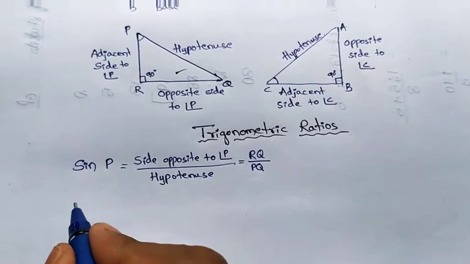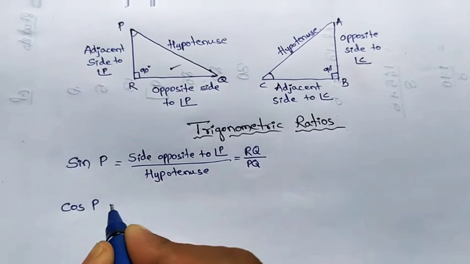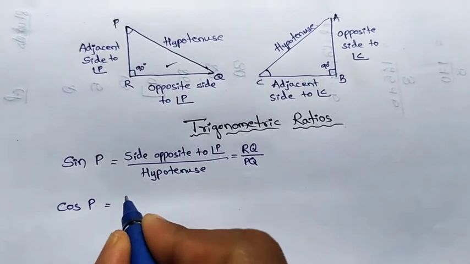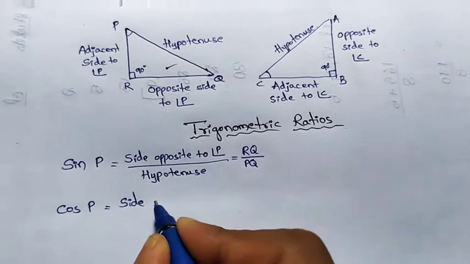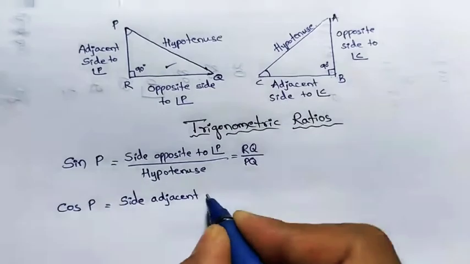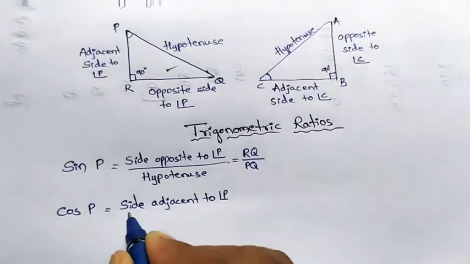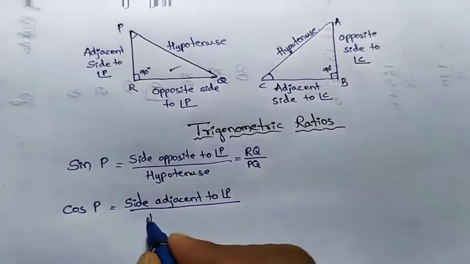Next, cosine, or cos P. The formula is side adjacent to angle P divided by hypotenuse.